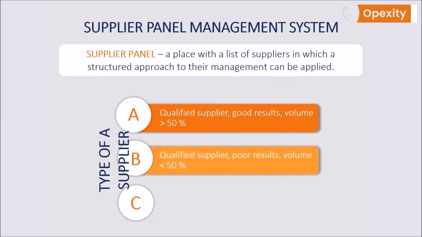The B group is a listing of qualified suppliers with poorer audit rating, but who meet the minimum requirements of the customer, albeit with a contract for less than 50% of the volume of a given product. The C group are companies selected for a qualification audit or those who have failed the audit, but in the customer's opinion, they have the potential to improve their product or services in the future.